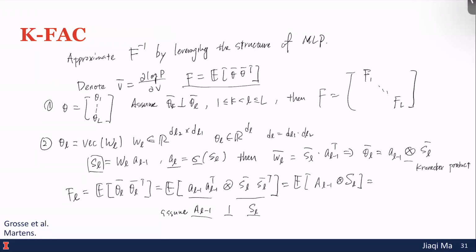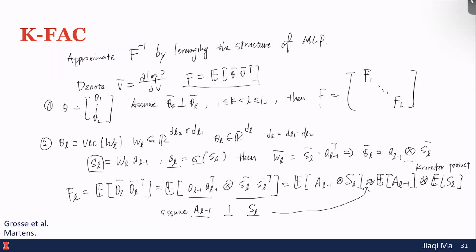That gives us the expectation of A L minus 1 Kronecker product the expectation of S L. Okay. So that's significant.